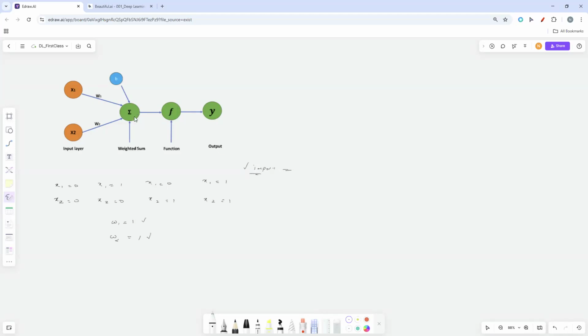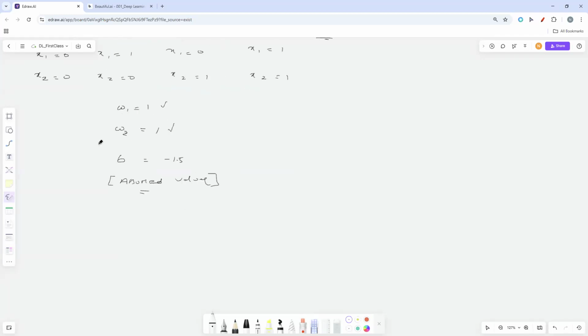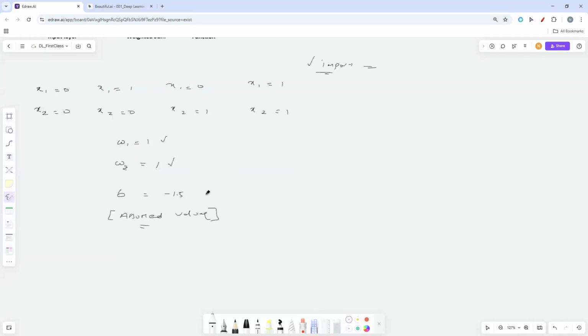That is nothing but your weight. Am I right or wrong? So w1 and w2, right? And what I am doing next is I am also assuming some bias value minus 1.5. These are all assumed values, and deep learning is very easy. Please believe me, at least I'll make it super easy. All right. So w1 equal to 1, w2 equal to 1, b equal to minus 1.5.